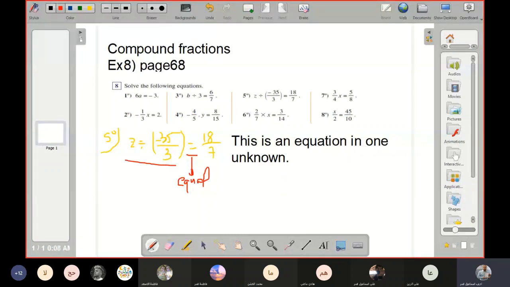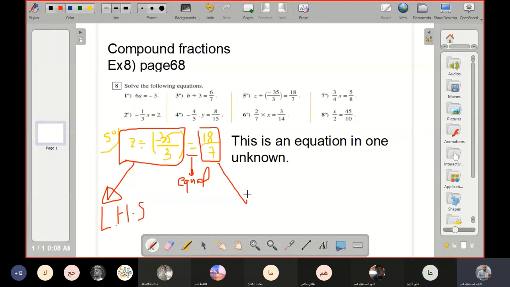This part is called the left-hand side, LHS, and this part is called the right-hand side, RHS. This equal says that the left-hand side is equal to the right-hand side, or the right-hand side is equal to the left-hand side.